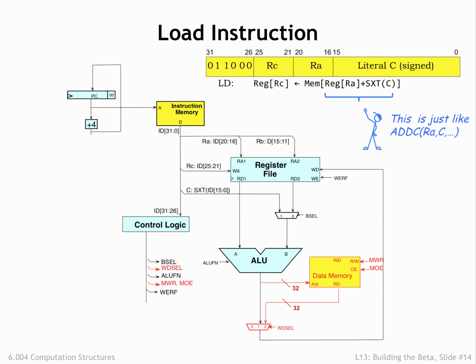The memory has 2 control signals, MOE, Memory Output Enable, which we set to 1 when we want to read a value from the memory, and MWE, Memory Write Enable, which is set to 1 when we want main memory to store the value on its write data WD port into the addressed memory location.